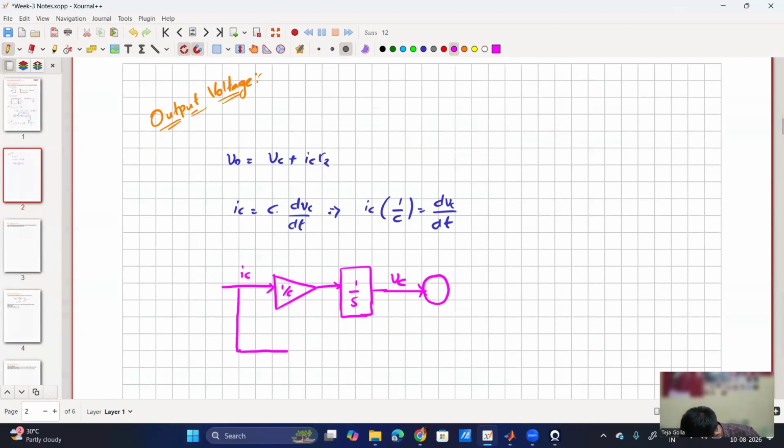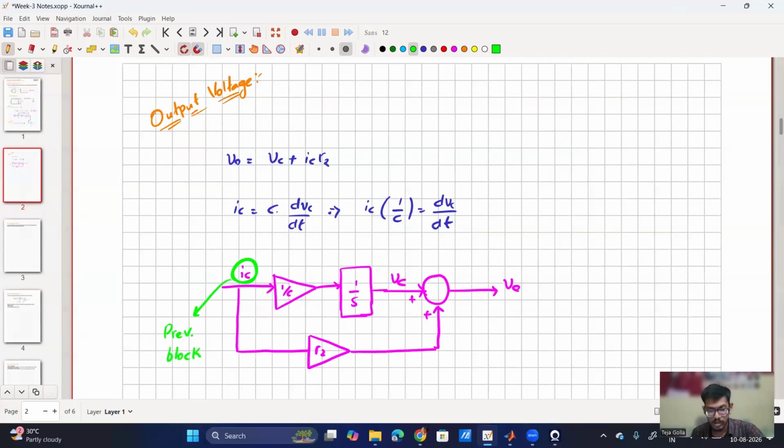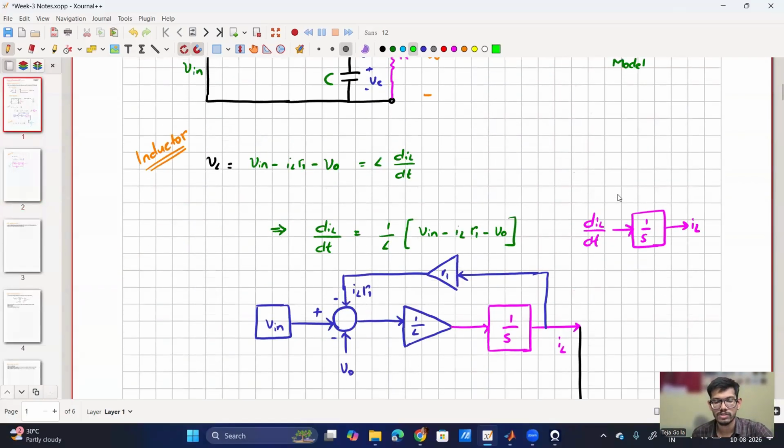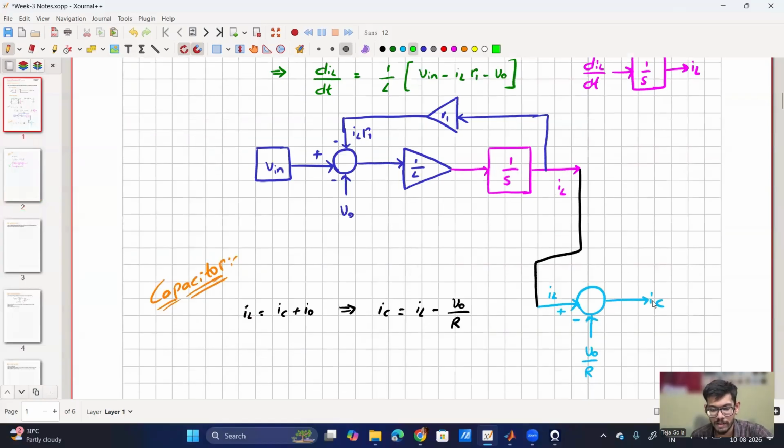So this is my IC and now this is my R2. Both are adding and then I will get V0. So where is this IC coming from? This IC is coming from the previous block that we have over here, and this IL is coming from this previous block.